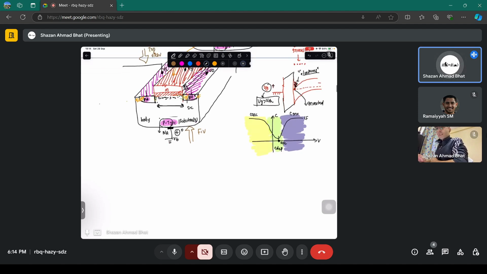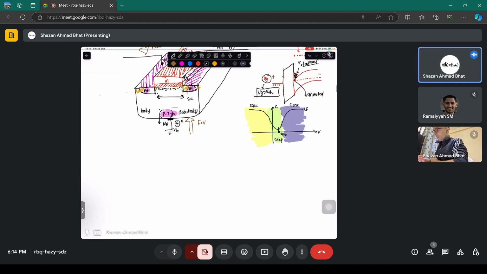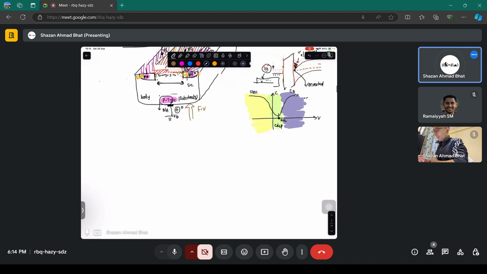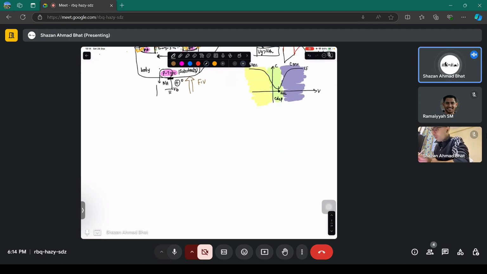Now, moving on to the next thing, there are two types of MOSFETs which we usually make. Maybe you might have studied about them, or you can look in the book itself, but I don't want to give you the same thing which is written in the book.